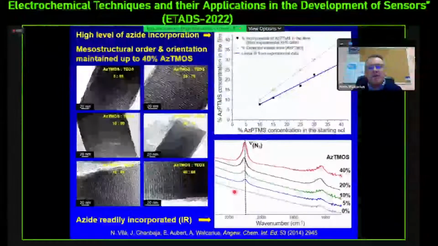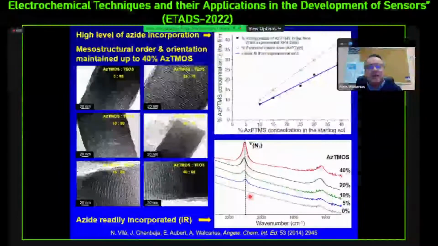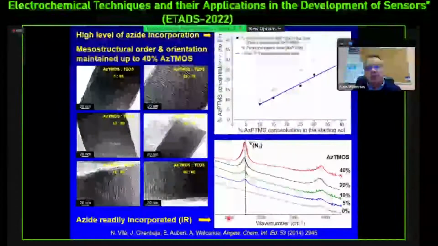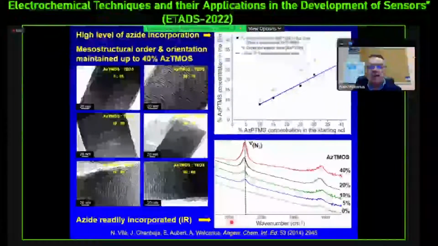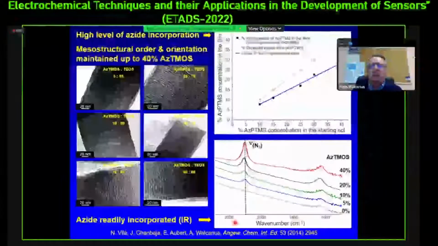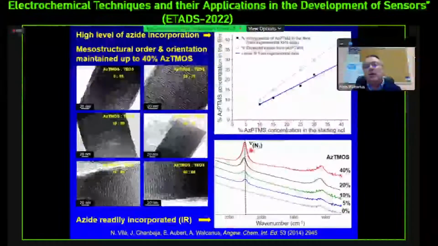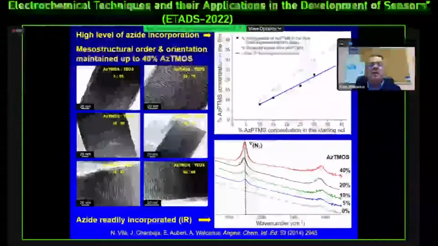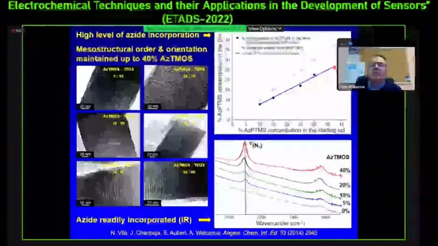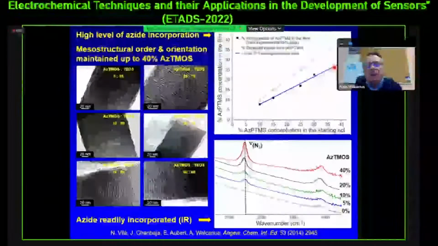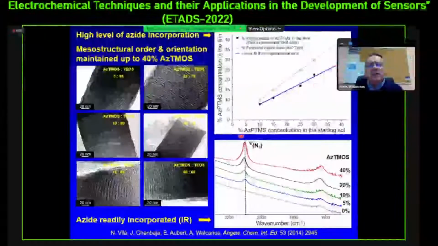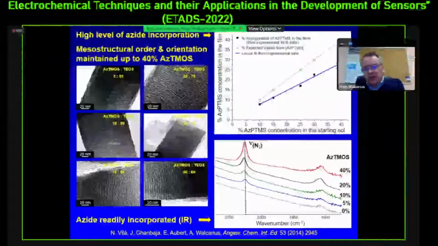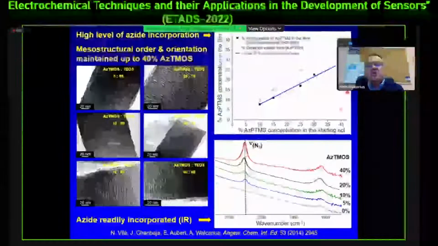We can see really the incorporation of the azide through infrared spectroscopy by the typical response of the azide at 2,100 per centimeter, and we are able to incorporate quite a huge amount of azide group, yet a little bit less than the theoretical one expected from the ratio between the azide and the tetraethoxysilane, due to, as I mentioned previously as well, the slower condensation rate.